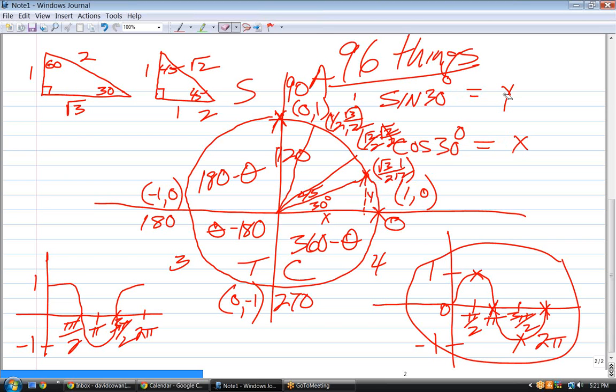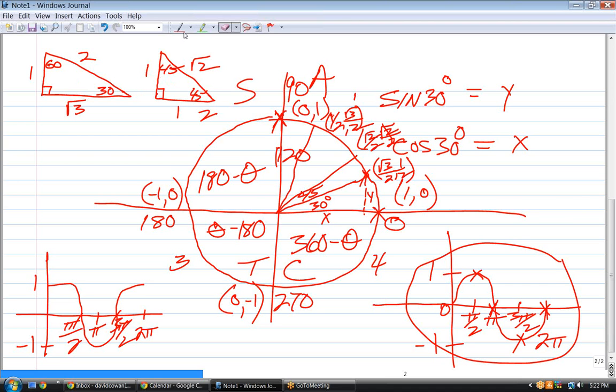That's a key thing to know for sure. But in terms of memorizing these points right here, I would rather memorize these two triangles, and they allow you to come up with those points. That's all you need is those two triangles.